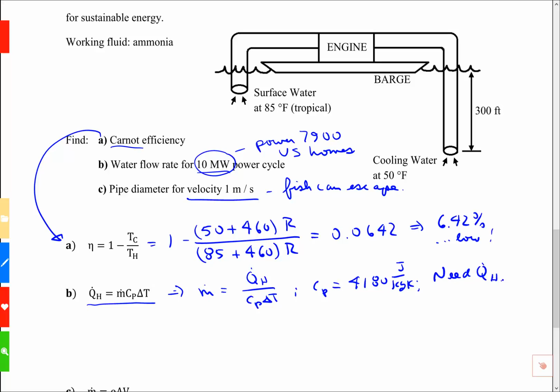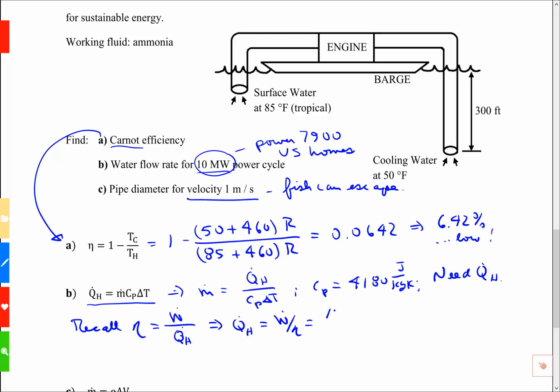Well, Q dot is going to come from looking back at the efficiency definition. The efficiency for a power cycle is the power divided by the high temperature heat rate. So I could solve for Q dot H. Q dot H is going to be the power divided by the efficiency. So it's not a very efficient machine, so we need a lot of heat.